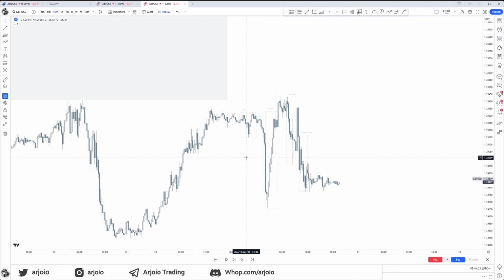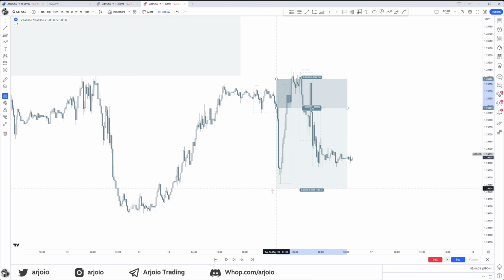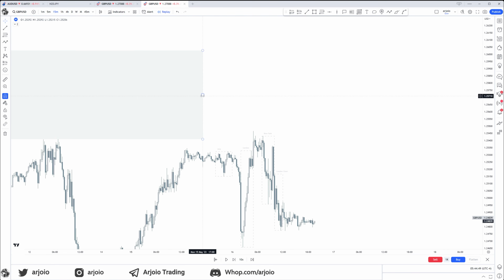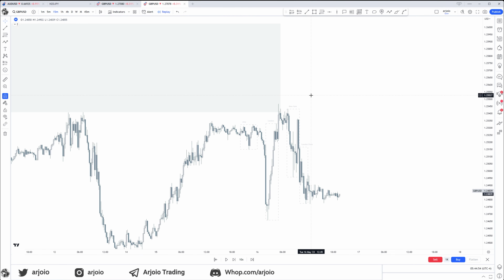Why not? How did I know at the time that this wouldn't get respected? Was it because Asia was a consolidation right there and we knew Asia needs to get swept, etc.? No, it was based off of which session, which kill zone sweeps into that daily fair value gap, aka comes into that daily fair value gap, and then displaces lower.